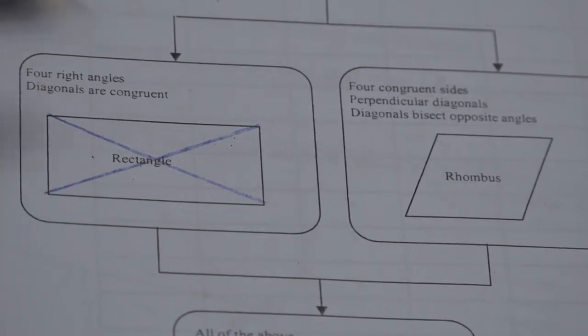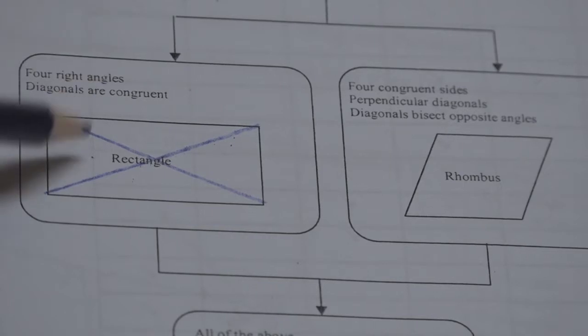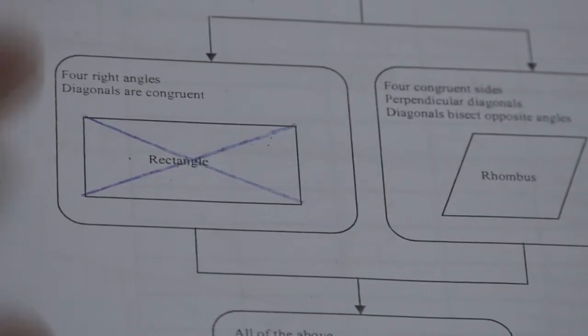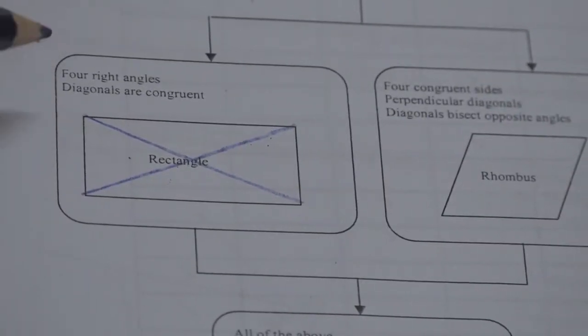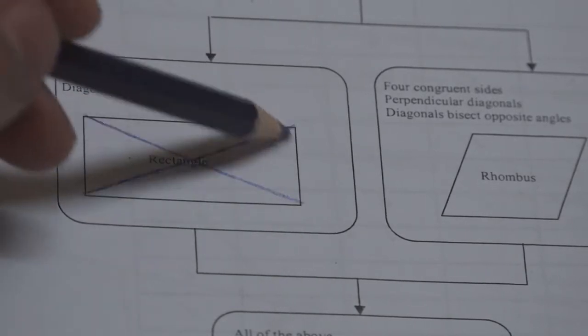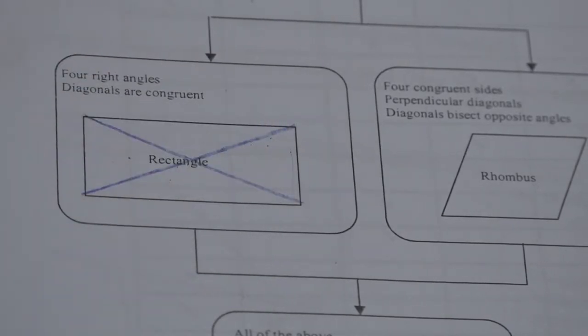Kids always inherit something from their parents. Well, the rectangle did. It has all the properties of the parallelogram, plus, of course, every kid has its own traits. So, watch this. Opposite sides are parallel. Opposite sides are congruent.